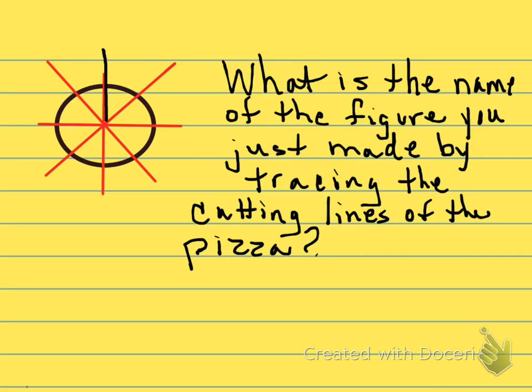If you trace this line and then this line, what was the figure that you just made? Did you say an angle? Yep. If you said an angle, you would be correct.